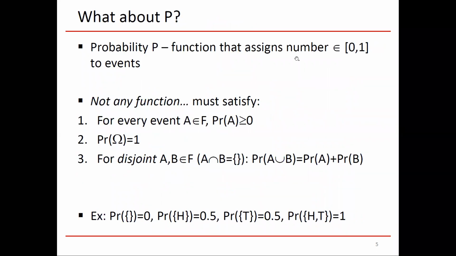So what about the probability P? I gave you some requirements for the sigma field F. I said that there needs to be closure to complement, intersection, and union. Probability also needs to satisfy some conditions. So first of all, it's a function that assigns a number in the range from 0 to 1, and this is a closed range, and I'd like you to see these square brackets.